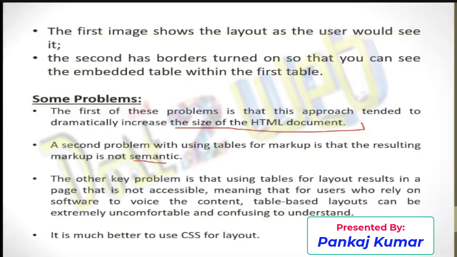The table-based layout is uncomfortable and confusing to understand, because when you create thousands of rows, it will be very difficult. If there are maybe 5 rows and 5 columns, then it is good, no problem. But when you see multiple rows and columns, then you will get to know about this.